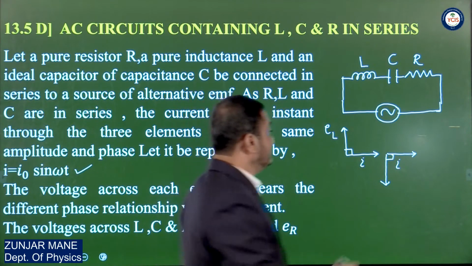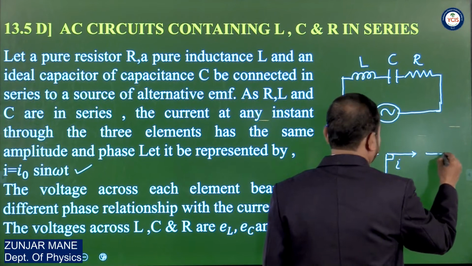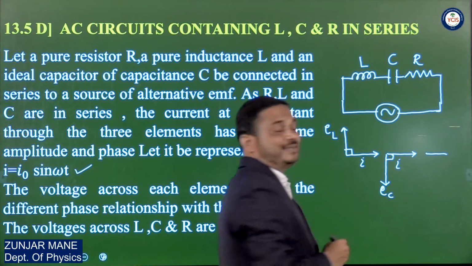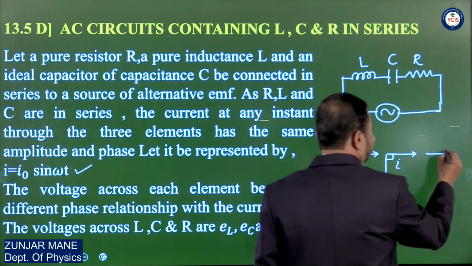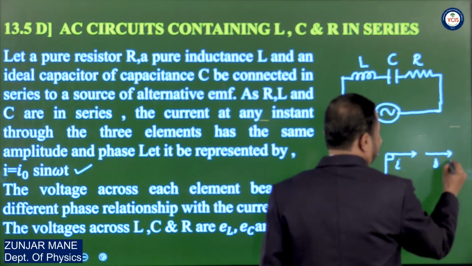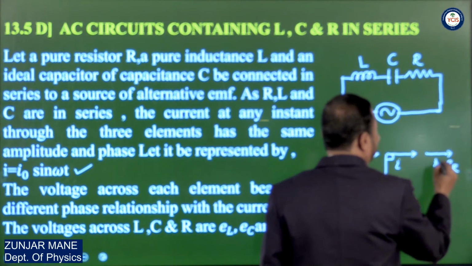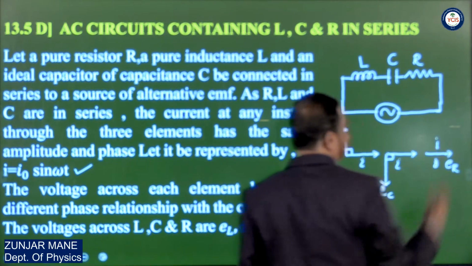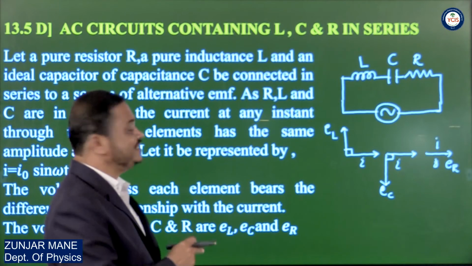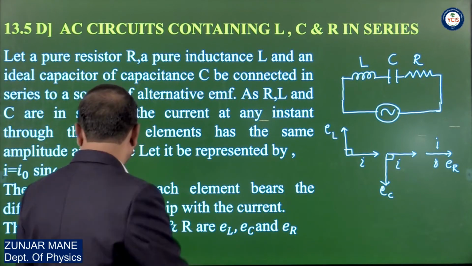This is the voltage EC across the capacitor. And across the resistor R, if this is the current, ER and I are both in the same phase. So this is the phase relation between EL, EC and ER with respect to I.